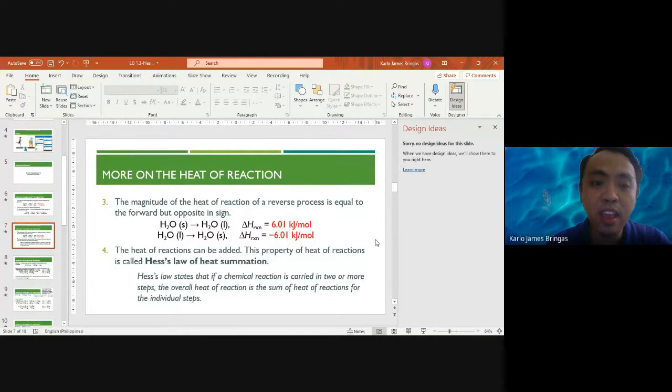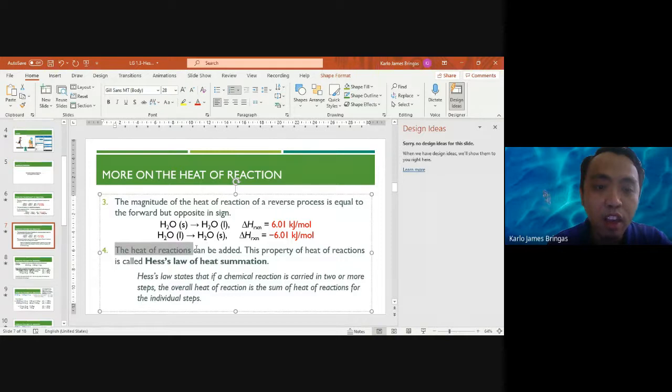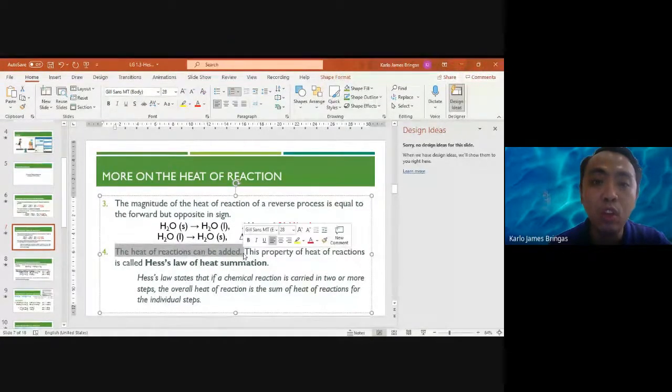And finally, and very importantly for us, if we're going to discover some new chemical process whose enthalpies have not yet been discovered, is number 4. The heat of reactions from all of the known reactions can all be added together.